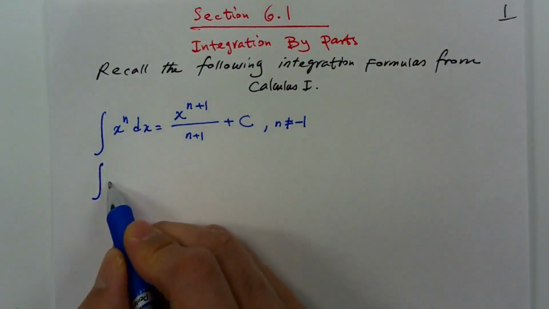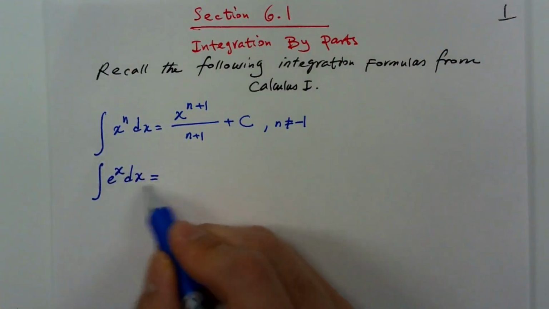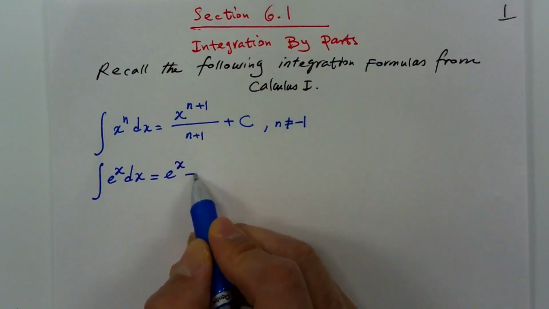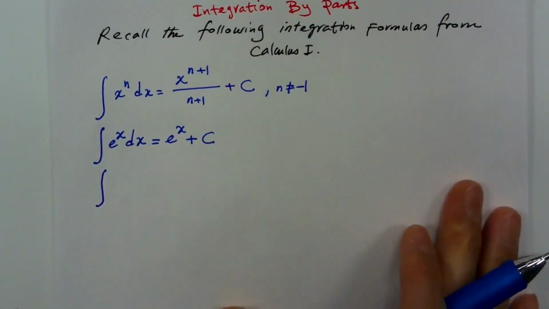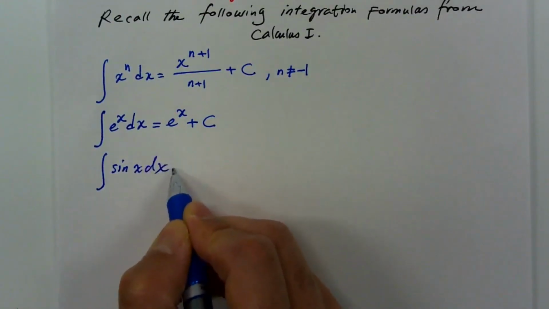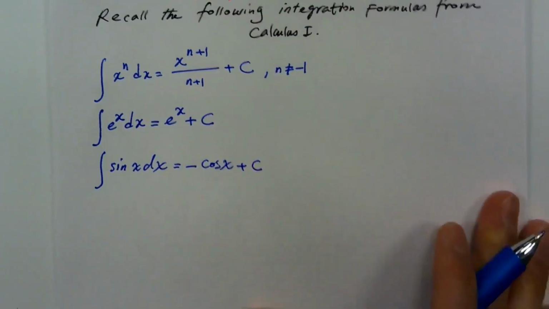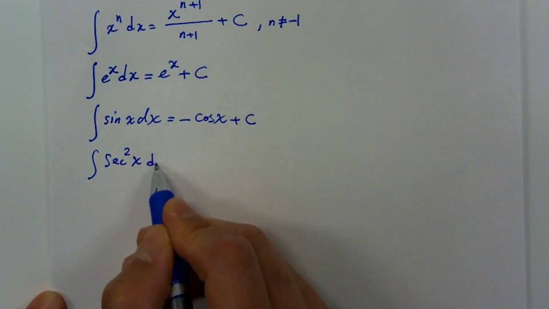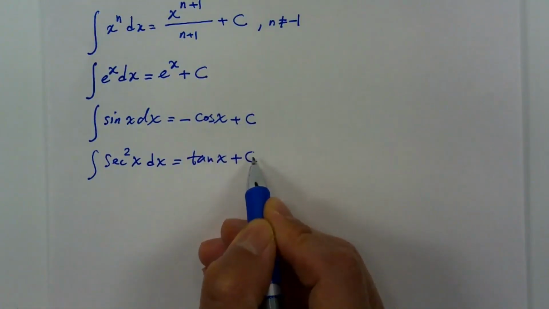The other integration formula that we saw, which is probably the most useful and easiest one to apply, is the integral of the natural exponential function, which is equal to e to the x plus c, of course. Another one we had was the integral of sine of x dx equals, of course, minus cosine of x plus c. Integral of secant squared x dx is equal to tangent of x plus c.